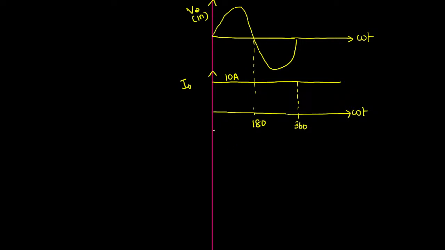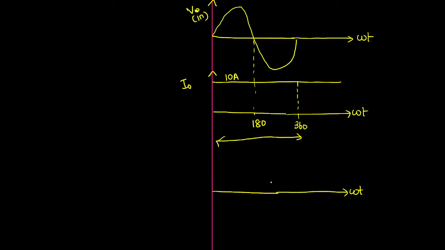Sorry, output current is given. In the output current, firing angle is not given. When it turns on, when it turns off, we don't know anything. But what we know is, out of the total 360 degree, 180 degree will be contributed by one pair of thyristors. Are you accepting that? Because discontinuous conduction does not occur here. So what is the meaning?